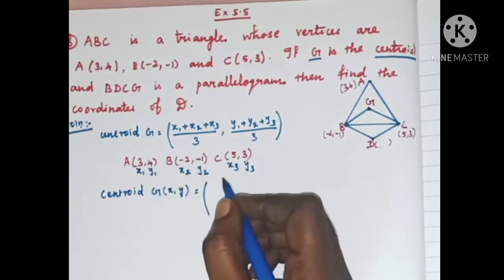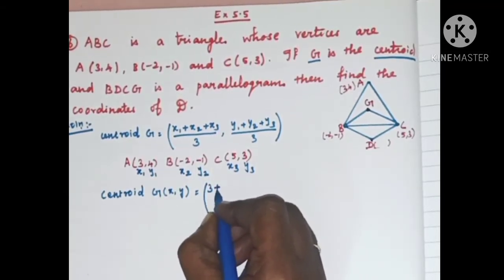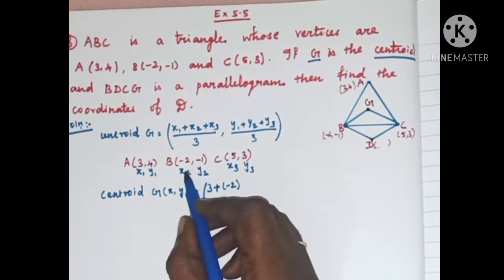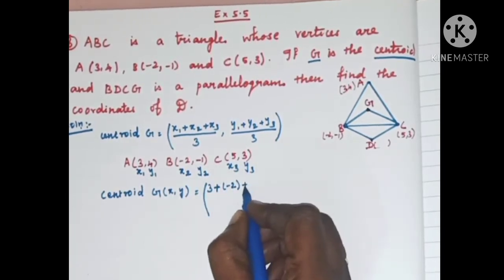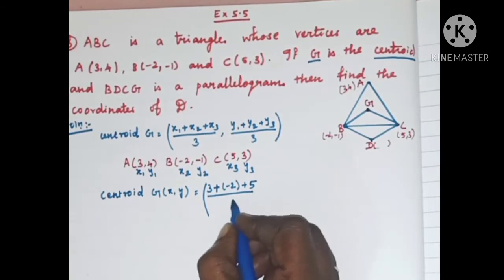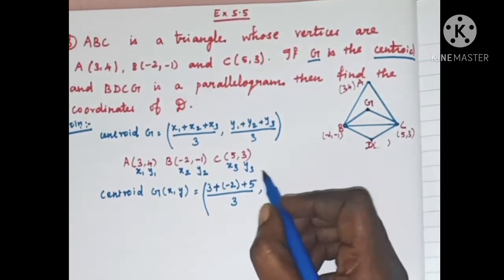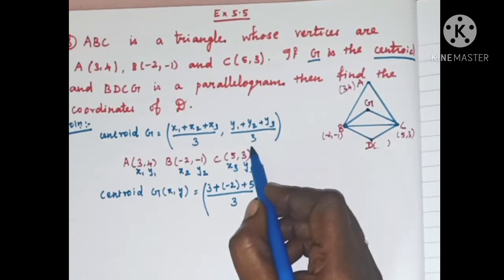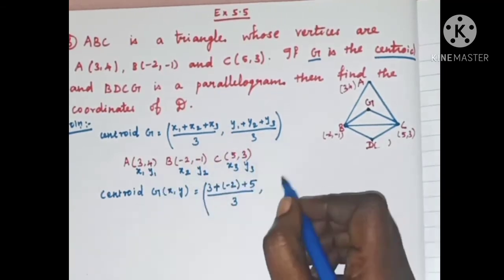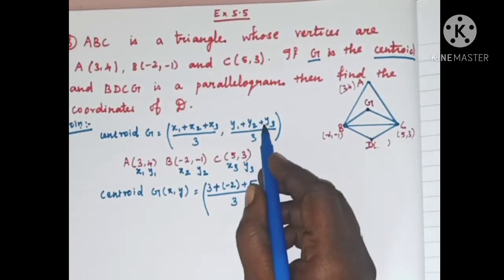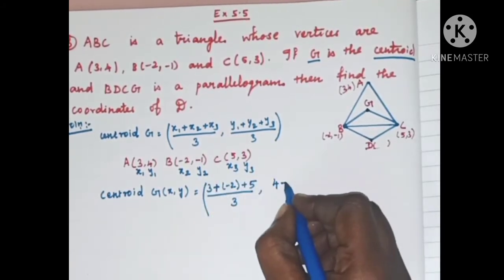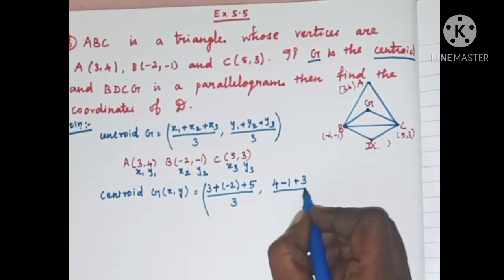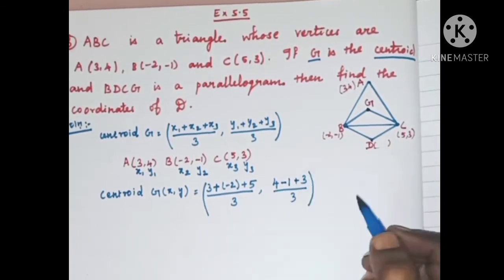The value of x1 is 3, plus the value of x2 is minus 2, plus the value of x3 is 5, divided by 3, comma, y1 is 4, y2 is minus 1 and y3 is plus 3, divided by 3.